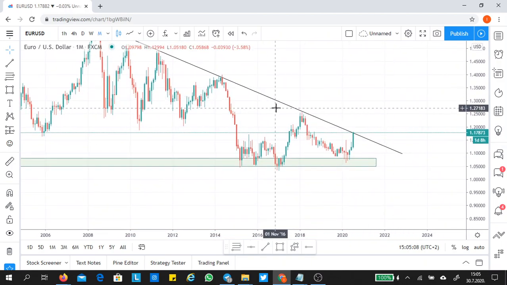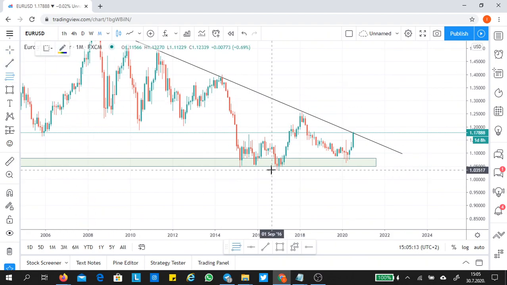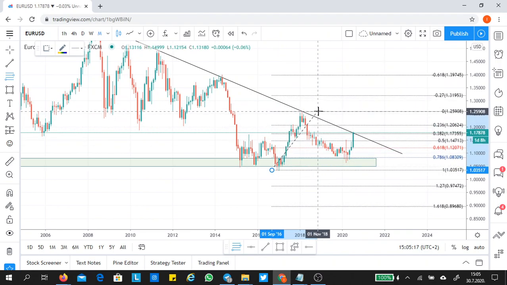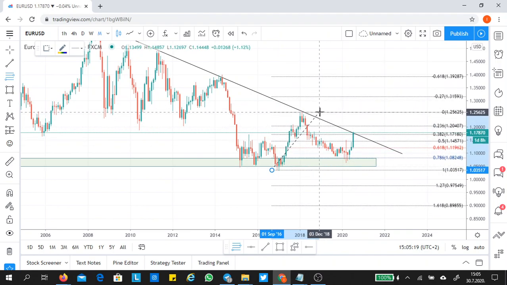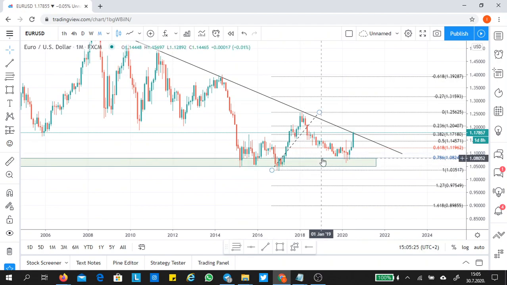And if we now draw Fibonacci from the bottom to the high of the last up move, we will see that the retracement level is also correlated to this zone, let's say, of support.